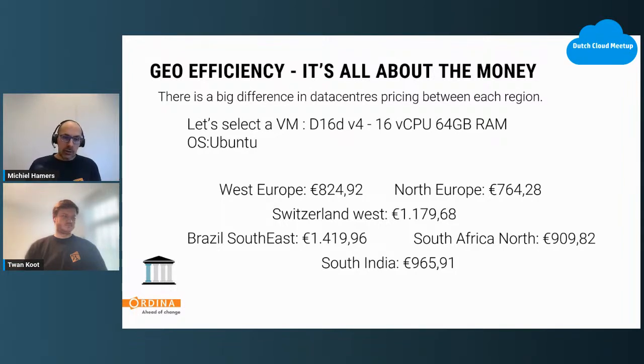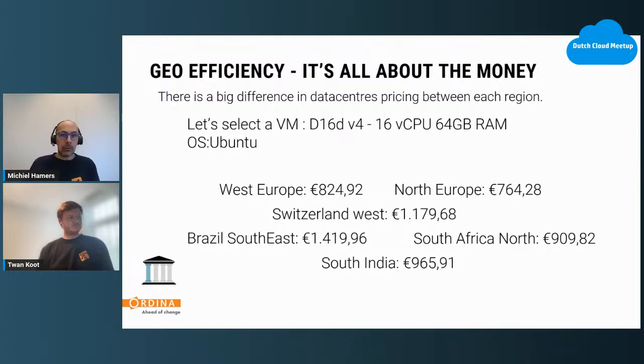Also, I can imagine that some people say, yeah, we are a Dutch company and we have obligations, compliance regulations, where we need to store data in West Europe or North Europe, in general in Europe, or maybe different regions, with a need for a special data center because of compliance and government regulation. Yep, that can be the case.